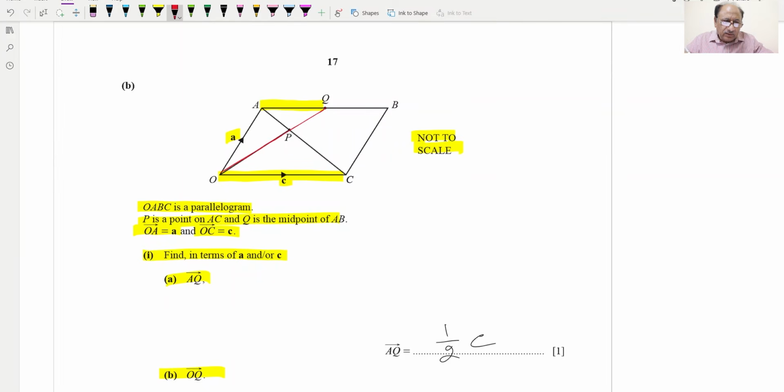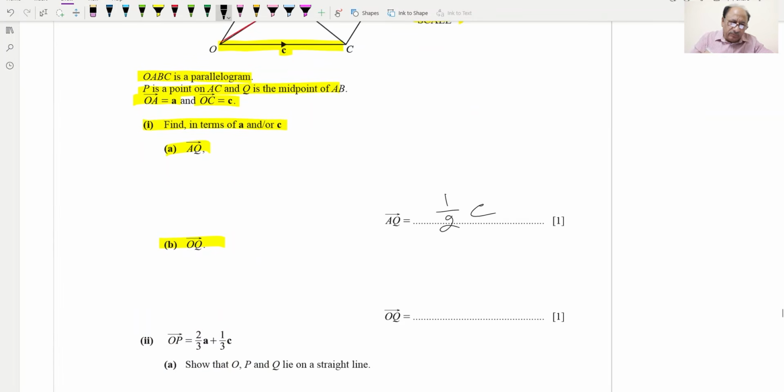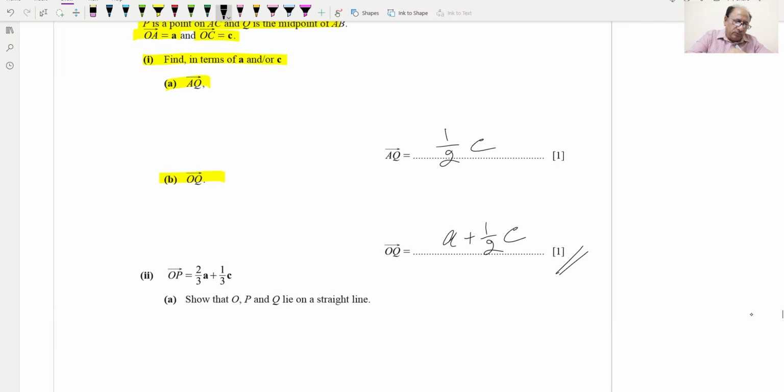This will be C by 2, and this is C by 2, and this is basically A. So for OQ, we can take this route, which will be A plus C by 2. So our answer will be A plus C over 2, or A plus 1 by 2 C. This is 1 mark.